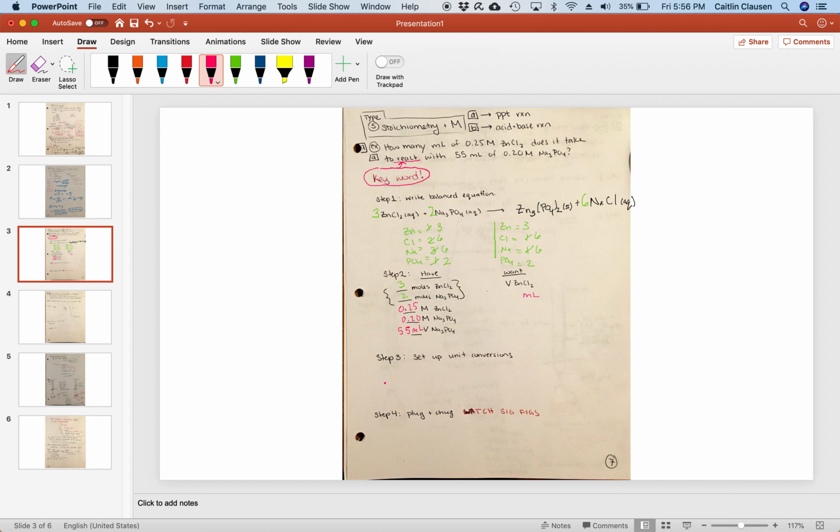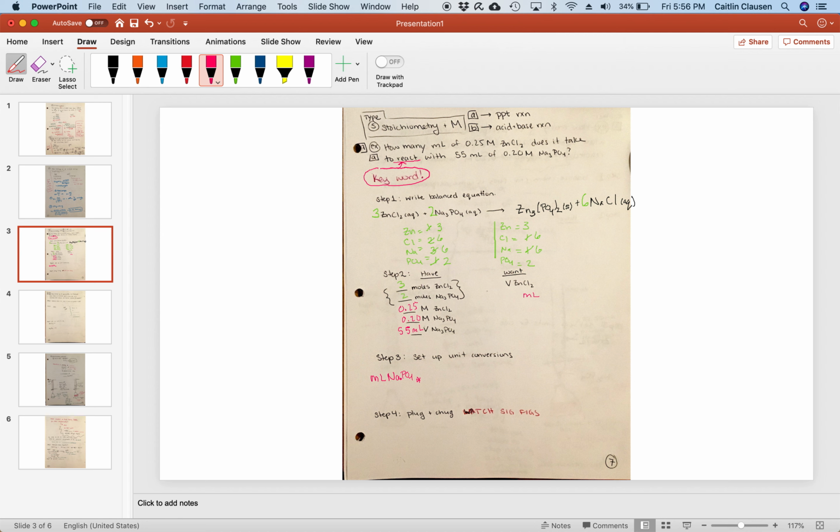So I know the volume of sodium phosphate, and I want to convert that into volume of zinc chloride. So milliliter sodium phosphate. Well, in order to get from something to some other thing, the only thing we know that does that is the mole to mole conversion from the balanced equation.